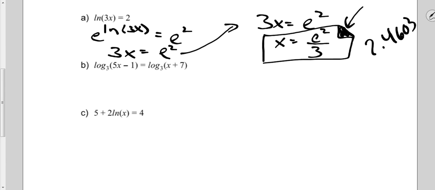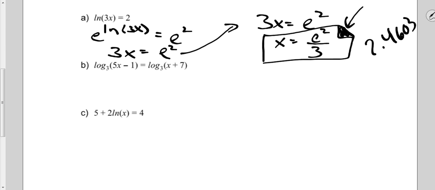Log base 3 on both sides there. Show me your work. I want you guys to get good at showing your work here and explaining your reasoning.